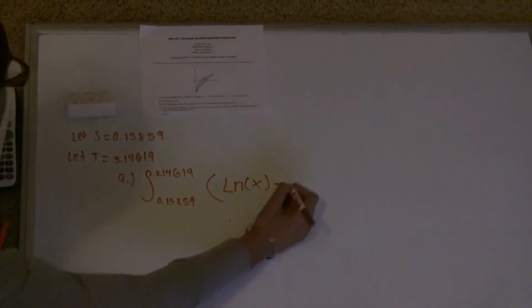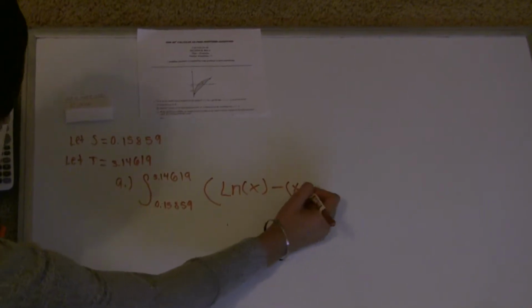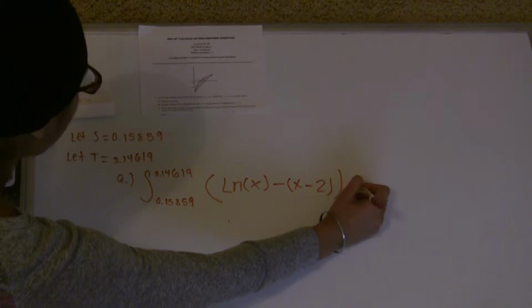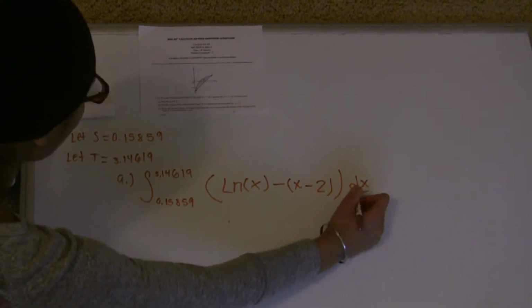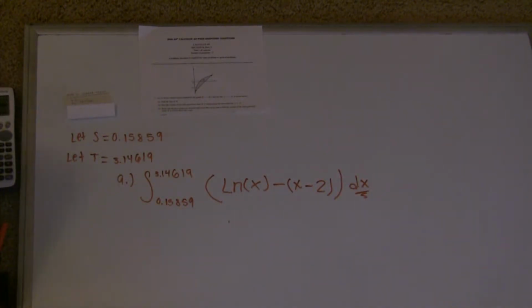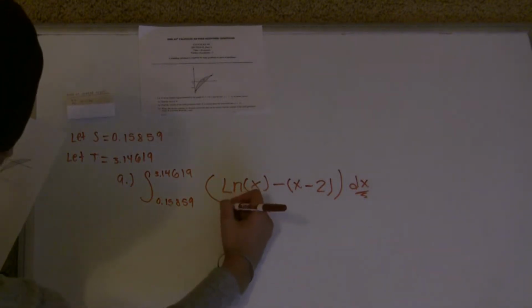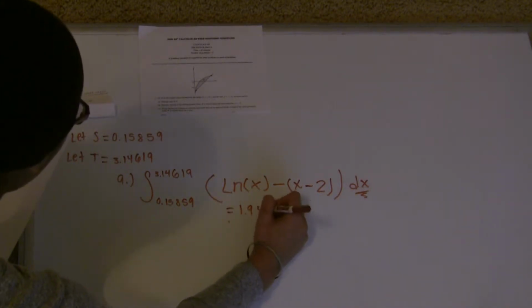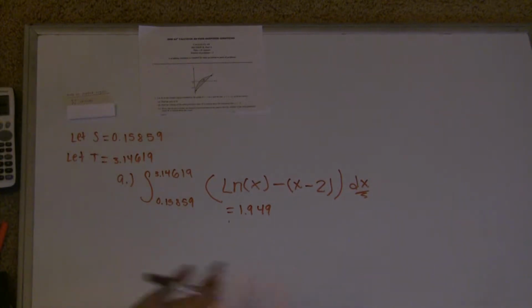So we're going to do minus (x minus 2) dx. Don't forget that dx. This is really important because otherwise you'll be docked points for no reason. When you put that in your calculator, you will get the answer of 1.949. That's basically all you have to do.